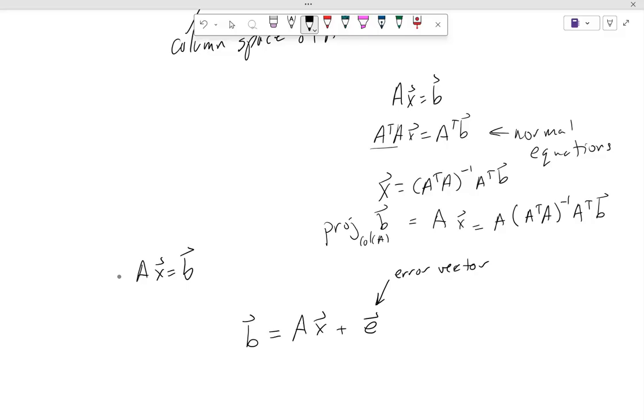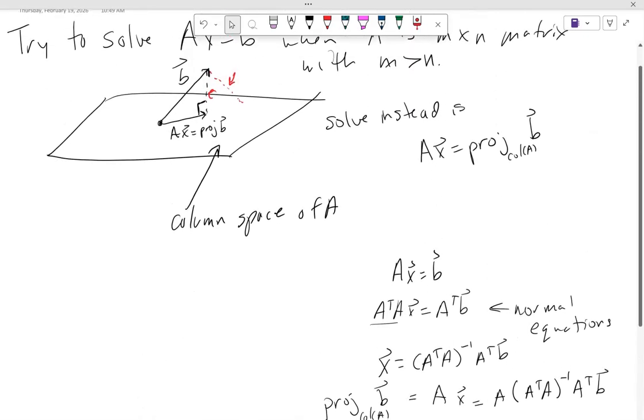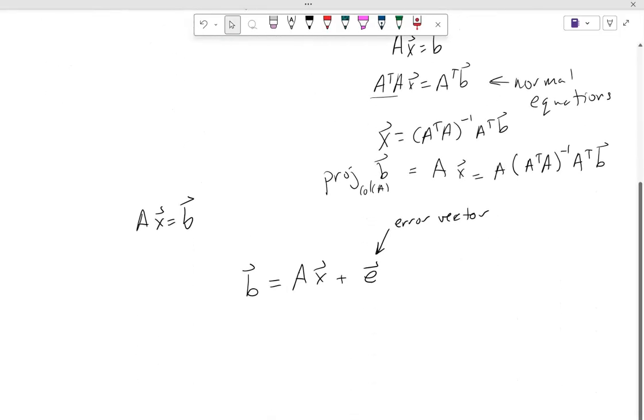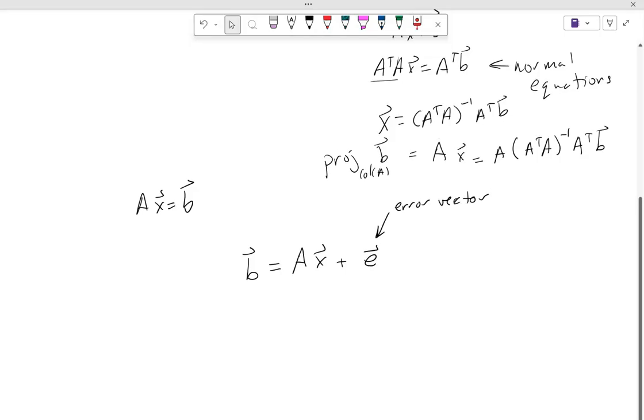So if we go back up, again, we're thinking about this as squares. If I go back up to my picture, I'm going to erase this red bit that's in here. Here is my A times my X. Here is my B. This would be some sort of representation of that error vector. It's perpendicular to it, right? Now, in terms of data, we're going to change this into a linear algebra problem again.